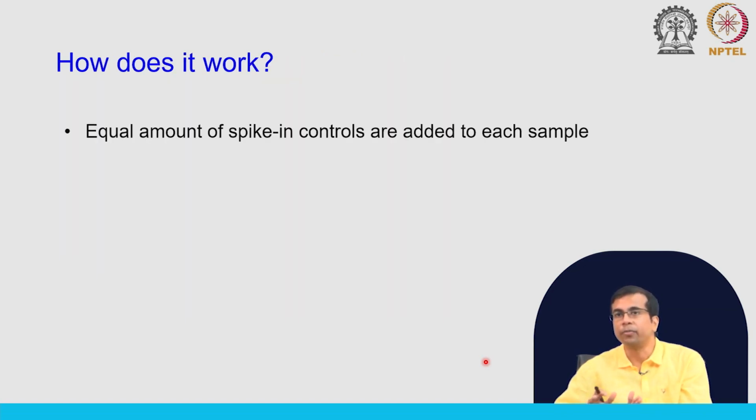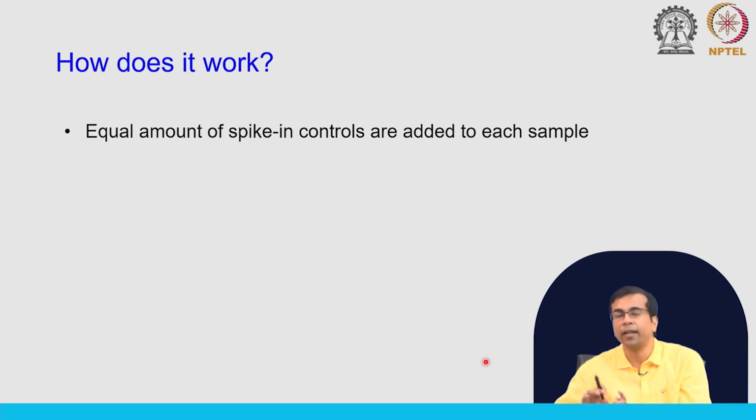What we do in this case is add an equal amount of spike-in controls to each sample. If you have 16 samples, we add exactly the same amount of spike-ins to these samples. There is no biological variation here, because we are adding this manually after the RNA extraction.